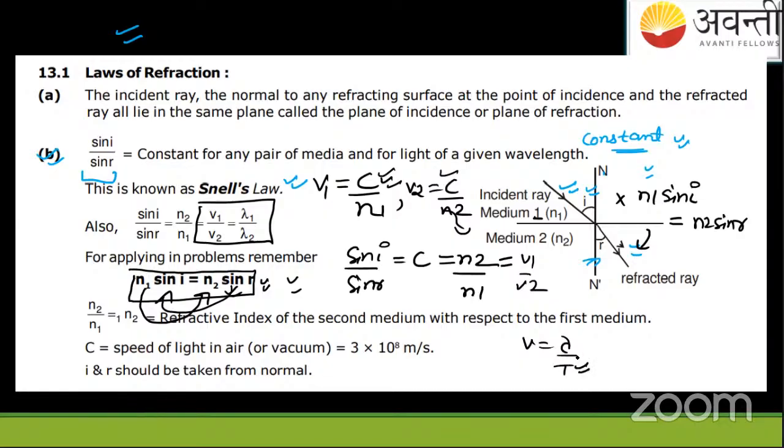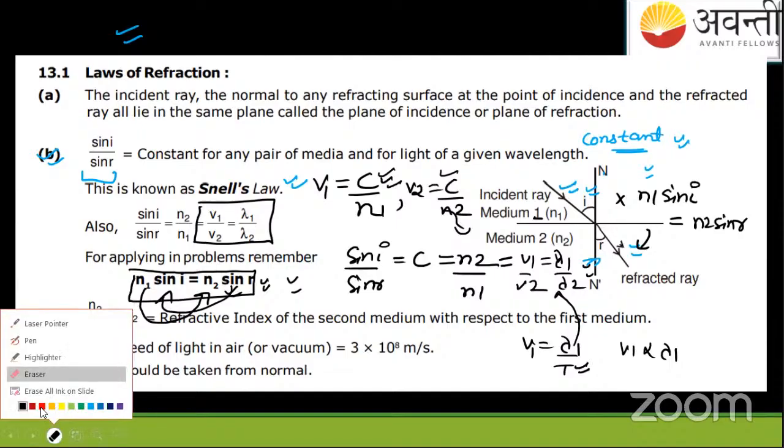We remember from the properties of light that frequency always remains constant, so if frequency is constant, time period will also be constant. So lambda will change with V. T is fixed, so again you can prove that V1 is proportional to lambda 1, so V1 by V2 equals lambda 1 upon lambda 2. Got it? This is a representation of refractive index with respect to some other medium.